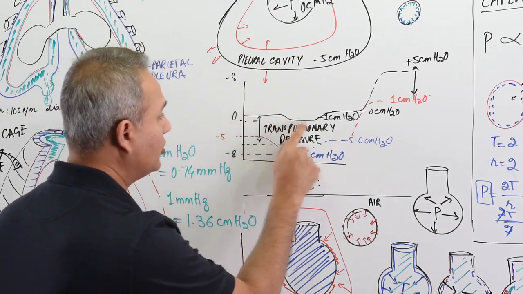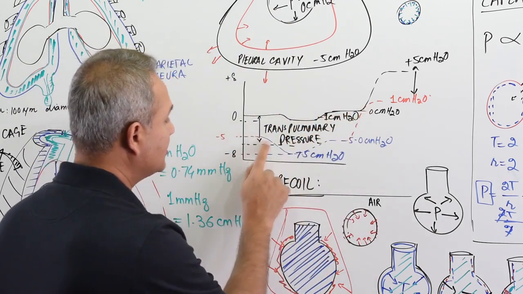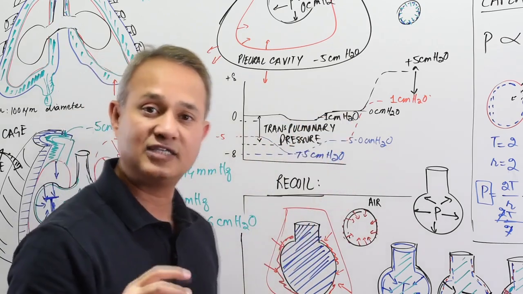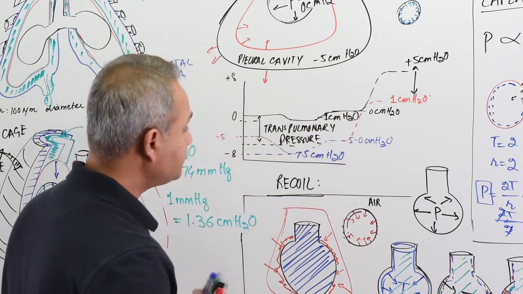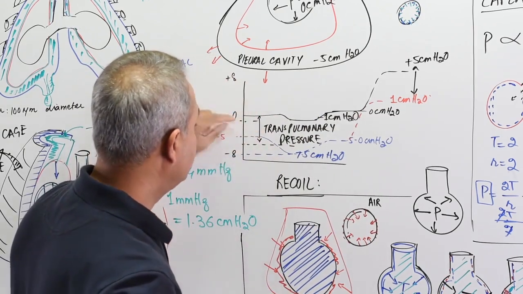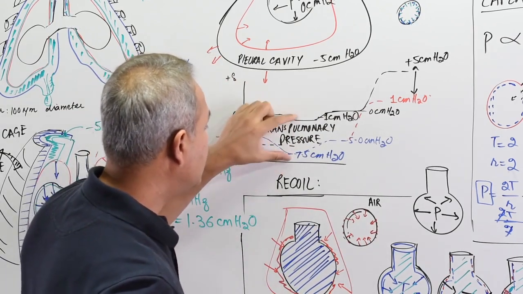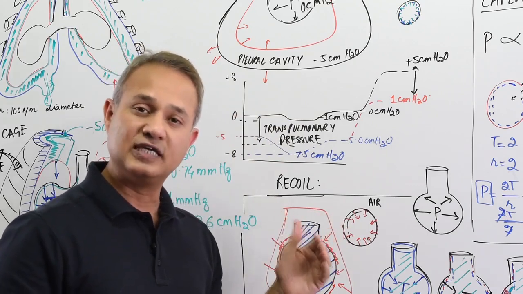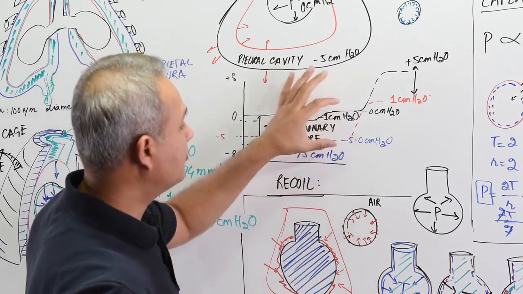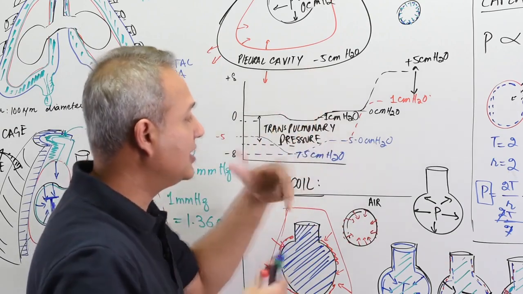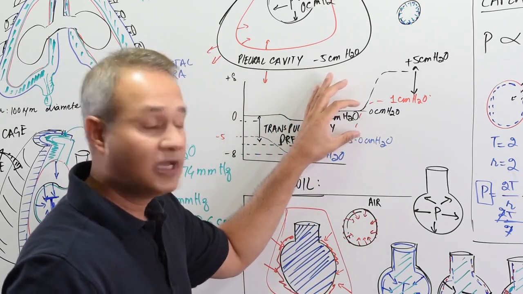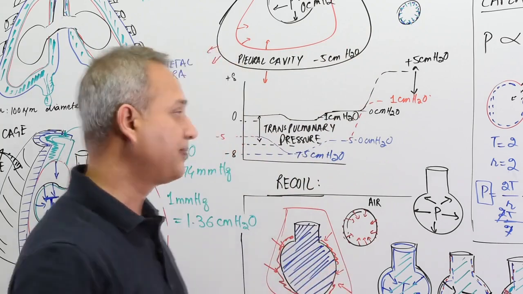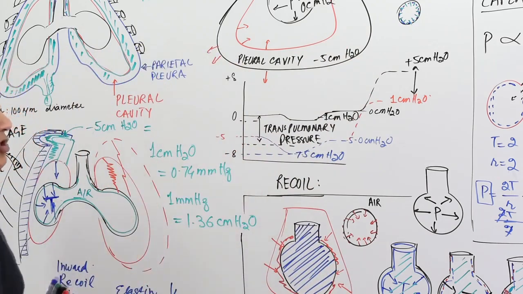So this is the alveolar pressure change. This is the pleural pressure change, the blue one. The difference between them is the transpulmonary pressure. So look, in case of inspiration, transpulmonary pressure has now become -6 or -7 centimeter of water. Similarly, in case of expiration, that pressure would reduce or even become positive if the exhalation is forceful.